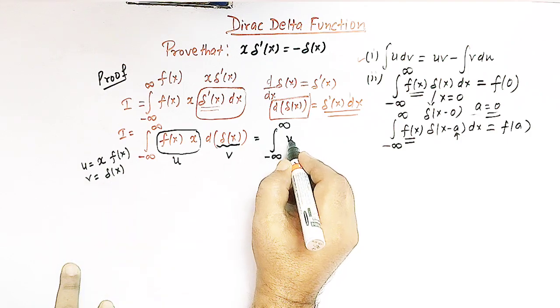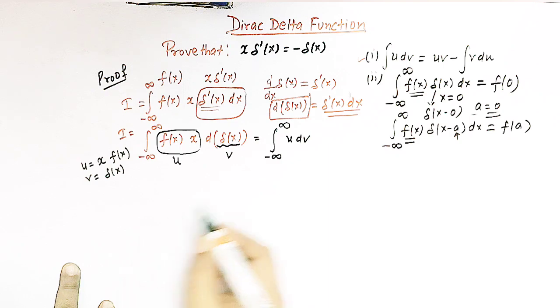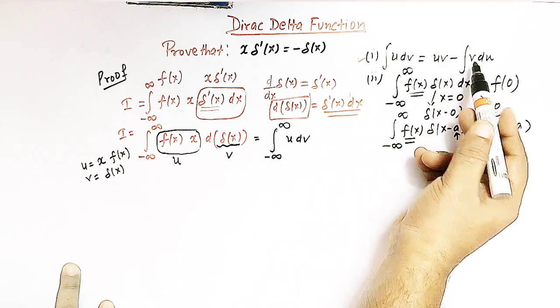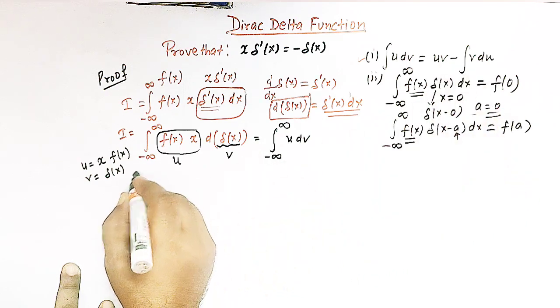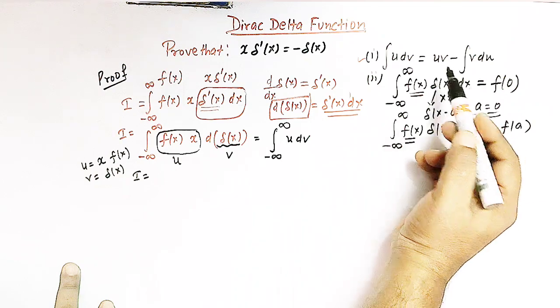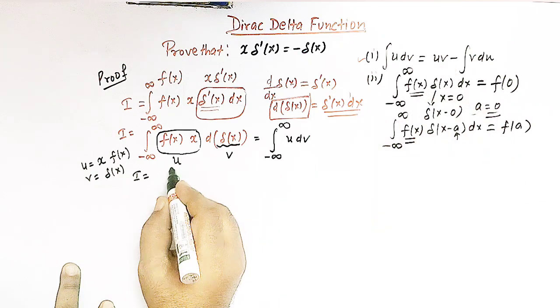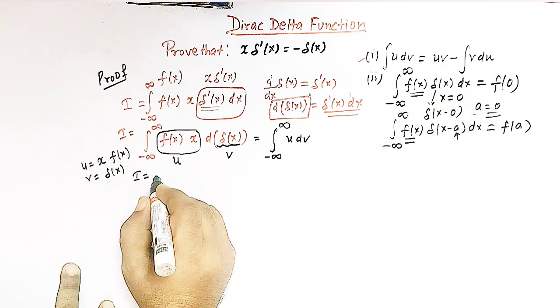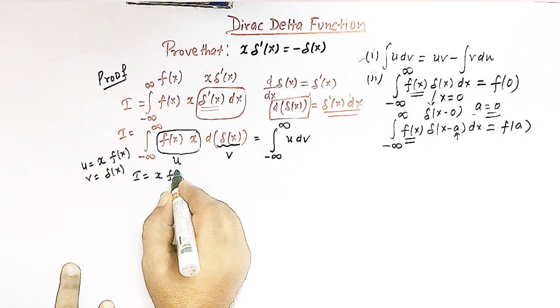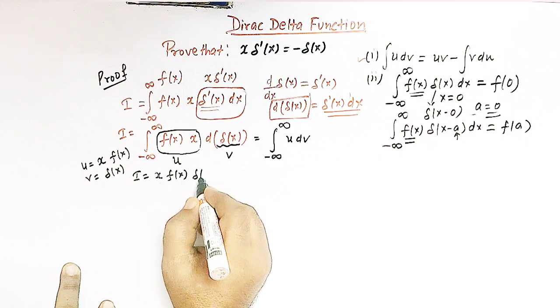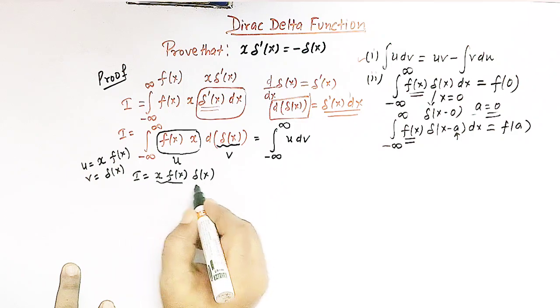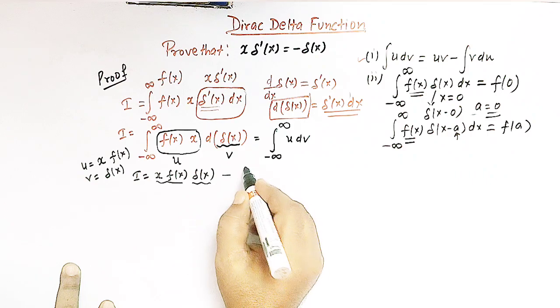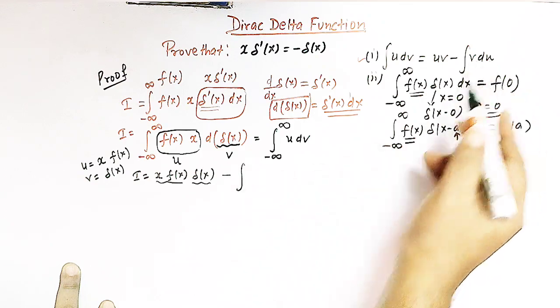So we have u dv. Now applying this rule, we can write our integral I as the product of u and v, that is x f of x times delta x, minus integral v du.